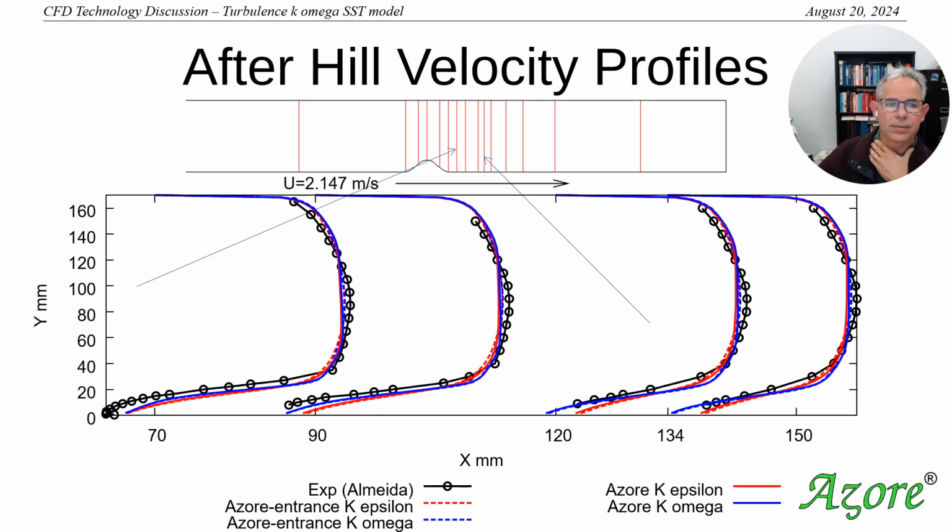If we go a little bit further downstream in this recovery area, then you do see just a tiny bit. If you look very closely, you'll notice that the dashed lines have a little bit more curvature, and the solid lines, which had the shorter entrance length, are a little bit straighter, and that curved line maybe represents the curvature that we see in the experimental data.